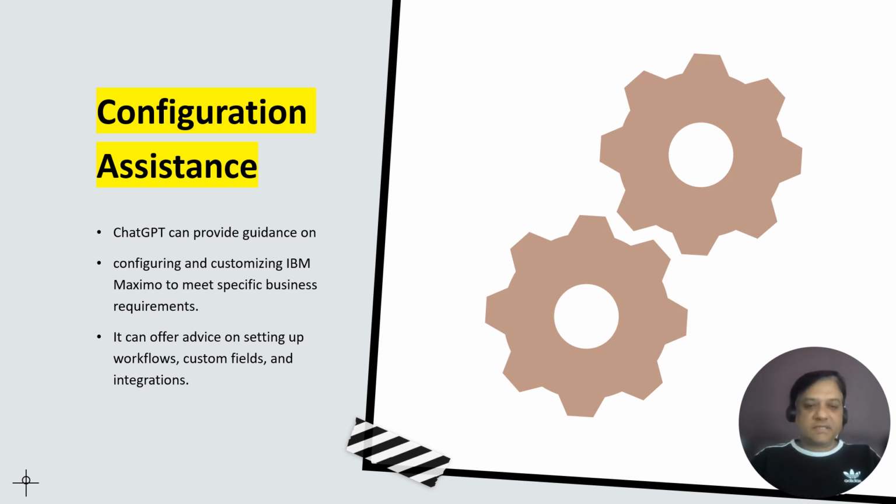Now here, for example, if you tell ChatGPT, act as an expert IBM Maximo, tell me how I can configure IBM Maximo to meet my requirements of the new field or the new entry that I have made in my Maximo. So it will take out the details and give them to you.